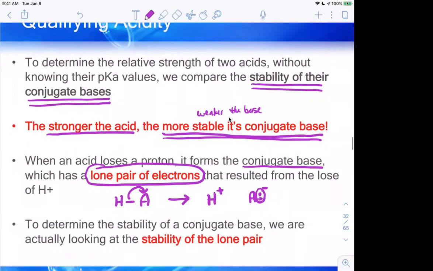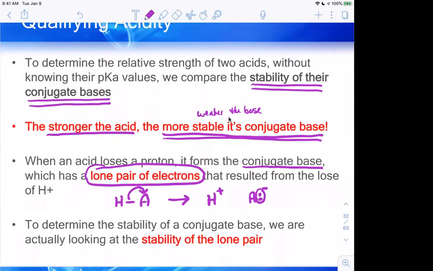To determine if my conjugate base is stable, what I'm actually looking at is the stability of that lone pair. Is that lone pair eagerly awaiting a proton to react back to the acid, or is it pretty happy just hanging around and not in a hurry to hook up with the H+?